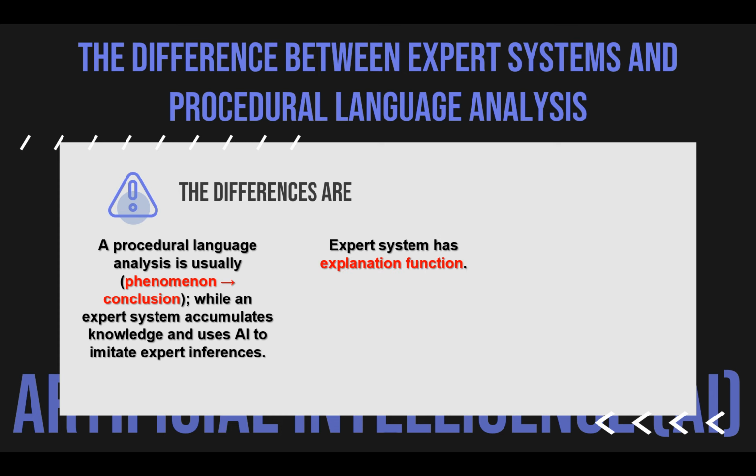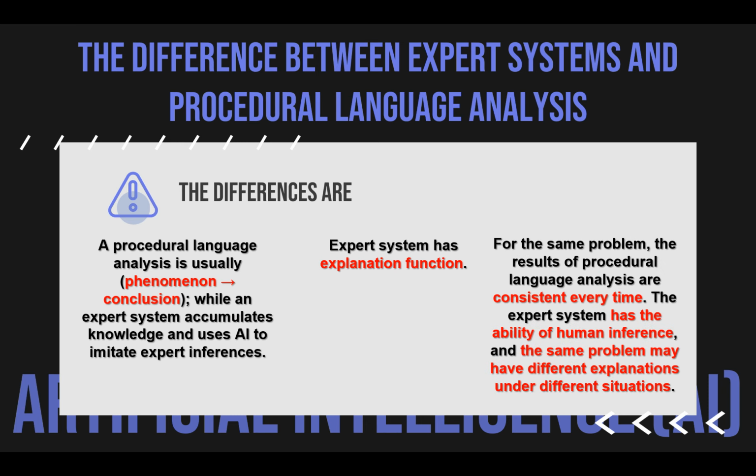An expert system has an explanation function. For the same problem, the results of procedural language analysis are consistent every time. The expert system has the ability of human interface, and the same problem may have different explanations under different situations.